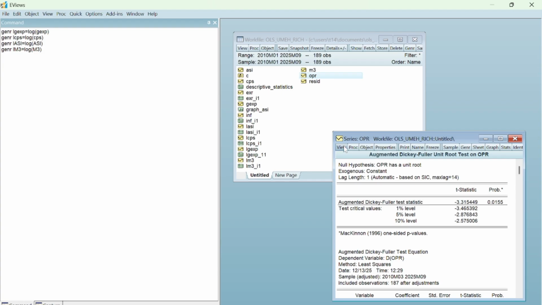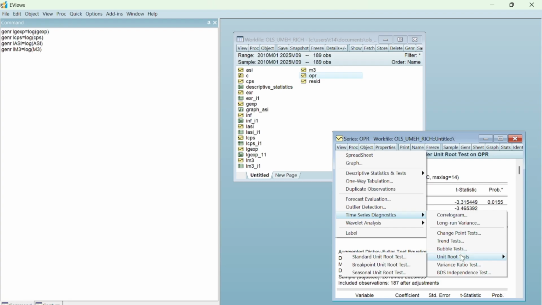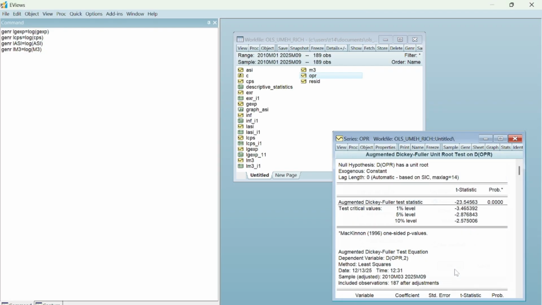So you can click on view. Since it's stationary at levels, we can actually check what it will be if it's stationary at first difference. What I would do when I want to take you through ARDL, I'll put the OPR into the equation for it to be an autoregressive distributed lag analysis. You understand? So now let's just check for first difference and see what it's going to give us.